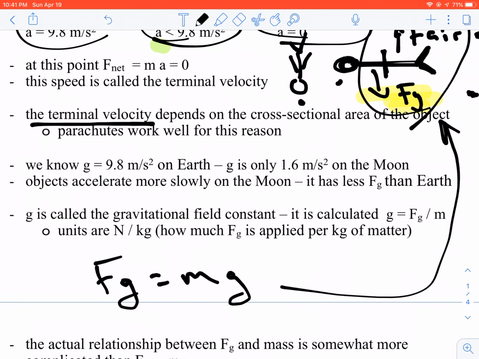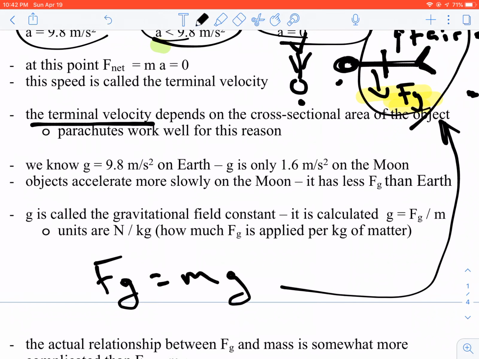Well, it's a person's mass times g, 9.8. Little g is 9.8. It's on your formula sheet, and I would think that by the end of next week, you will always remember that little g is 9.8 meters per second squared. Notice it's measured in meters per second squared. Little g is called the gravitational acceleration.